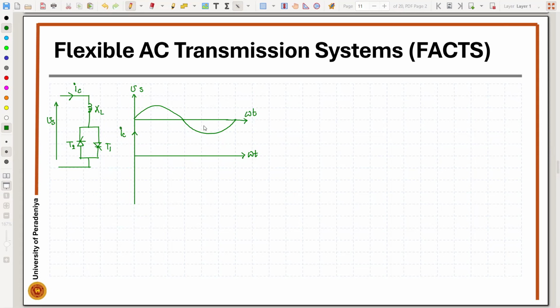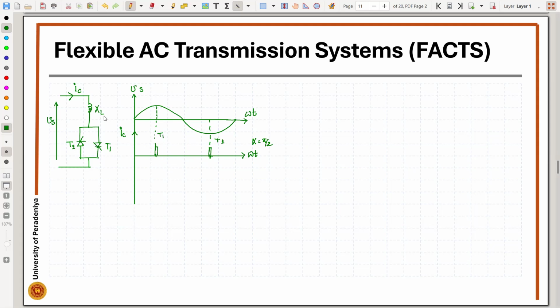So we have the voltage waveform, and if we provide a pulse at angle π/2, alpha at π/2, this is for T1 and this is for T2.